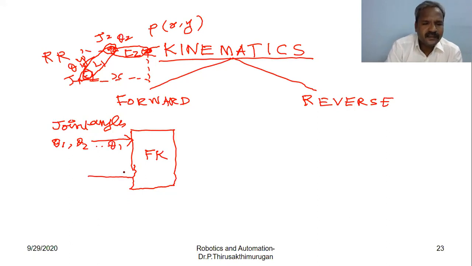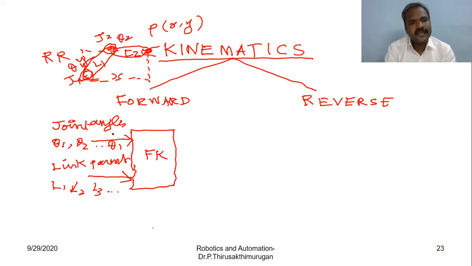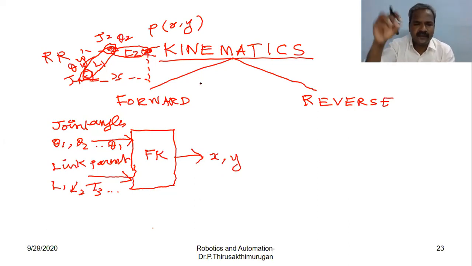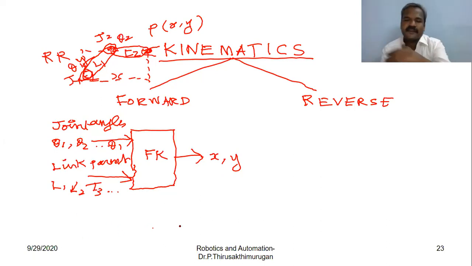Also the given parameters are the link parameters, link values L1, L2, L3, etc. If we give joint angles and link parameters and determine the values of X and Y, the end effector position, then this kinematics is called forward kinematics.